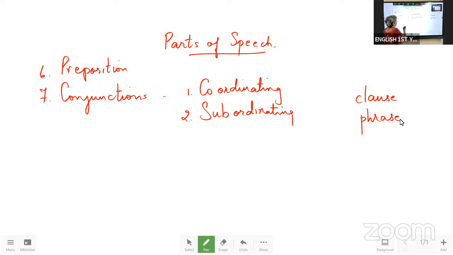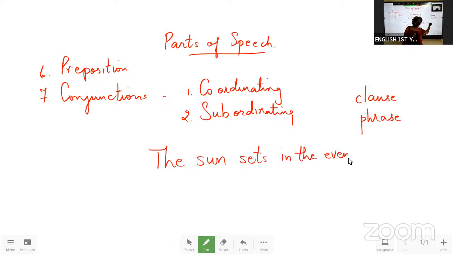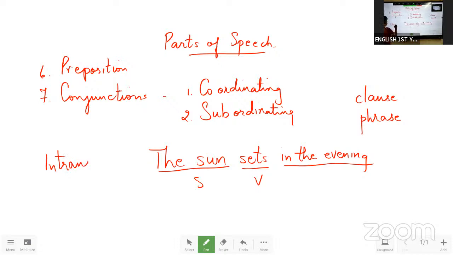Like I gave you the example, the sun sets in the evening. Very easy for you to remember. The sun is the subject, sets is the verb. This is not an object, and hence such a sentence is known as an intransitive sentence, where there is no object.